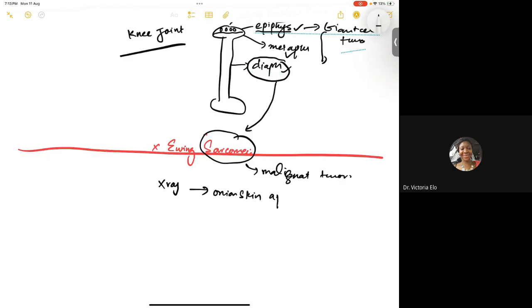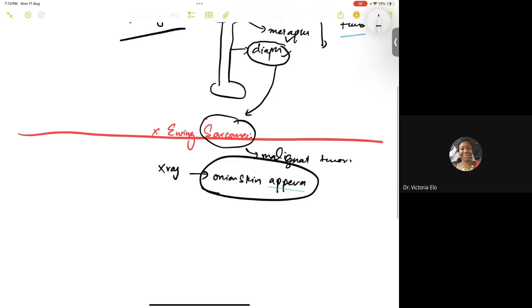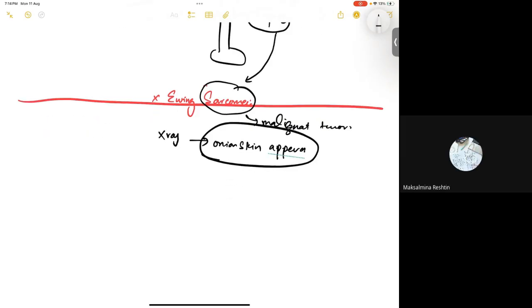Where else do we discuss onion skin appearance? Hypertrophy of vessel. Hyperplastic. Okay, we have two types of arteriolosclerosis: one is hyaline and the other is hyperplastic.